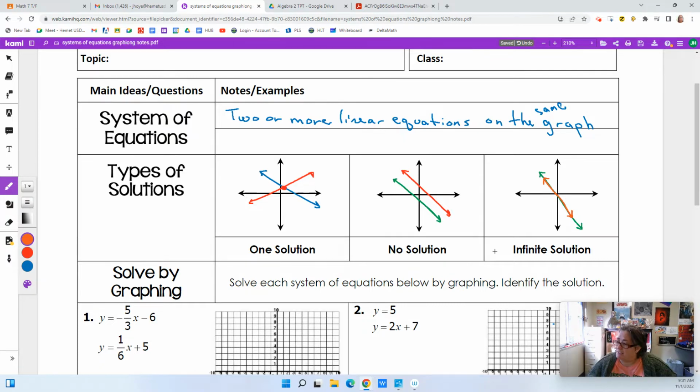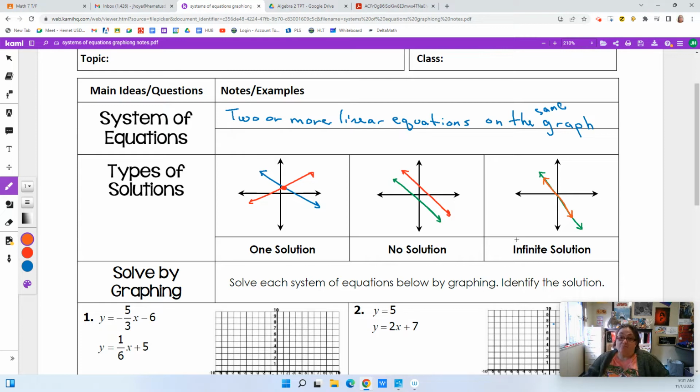Anytime you come to one that has infinite solutions, if you put the equations of those lines into y equals mx plus b form, those lines would wind up being identical. They would have identical equations. So you can always kind of tell.